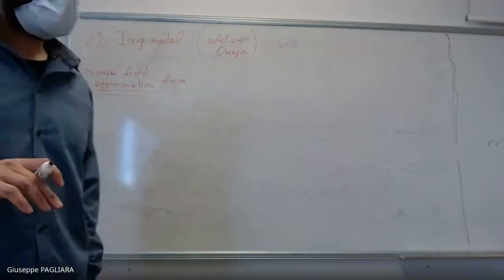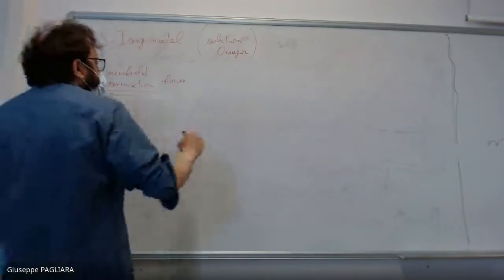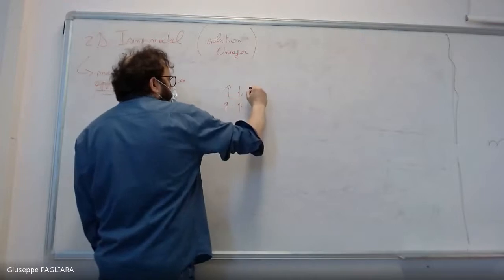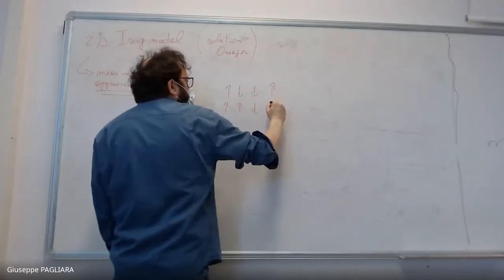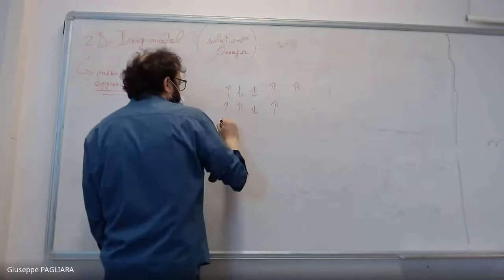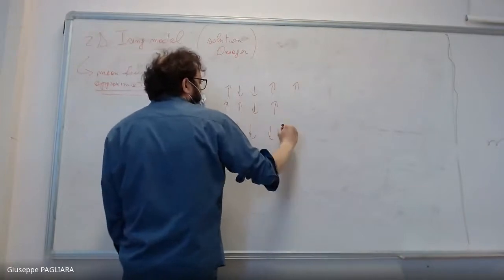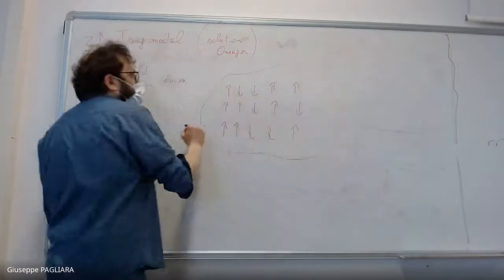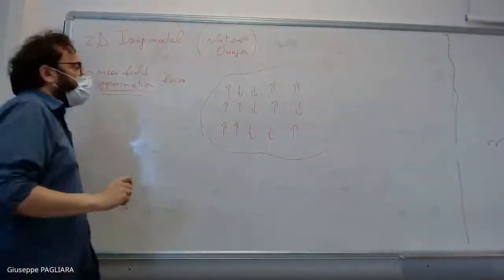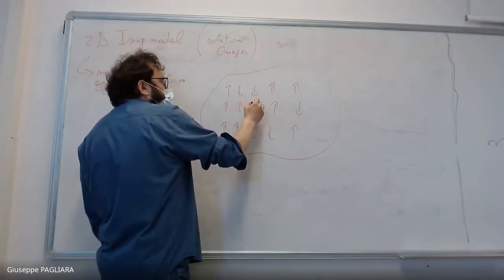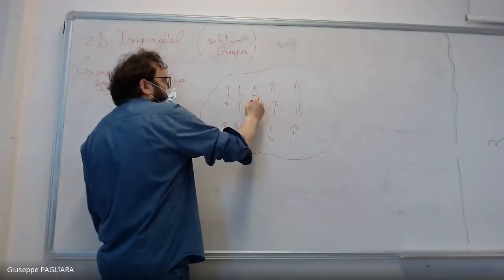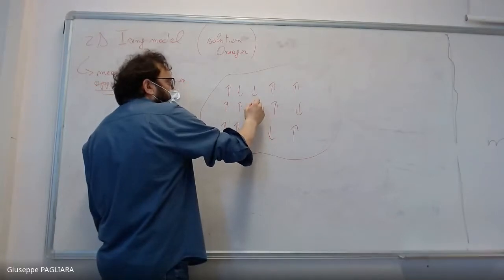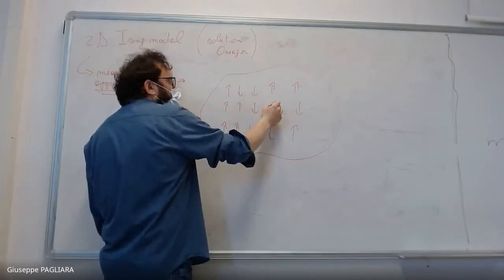Okay. Now the situation is more complicated because we are in two dimensions. So I imagine my lattice being something like this. And therefore, here the situation is much more complicated because, for instance, for each particle I have the closest neighbors that are 1, 2, 3, and 4.